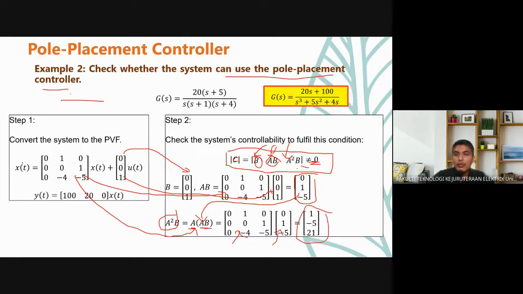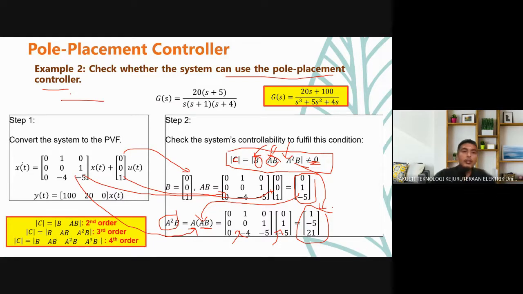This is the A squared B matrix. Okay. It's easy to check the control system controllability. So at the end, I can conclude that to check the system controllability, if you have a second order system, you just need to get the B and AB matrices only. Okay. If you have a third order system, you need to calculate B, AB, and A squared B.